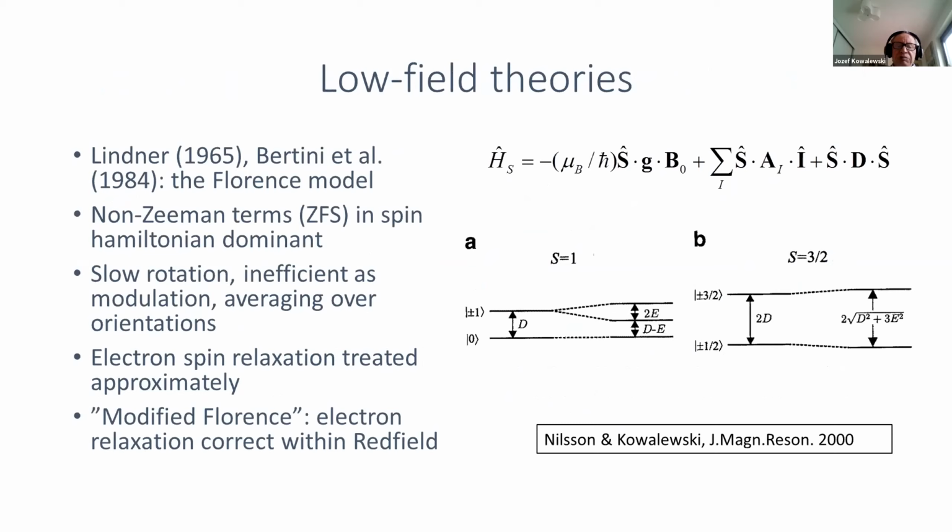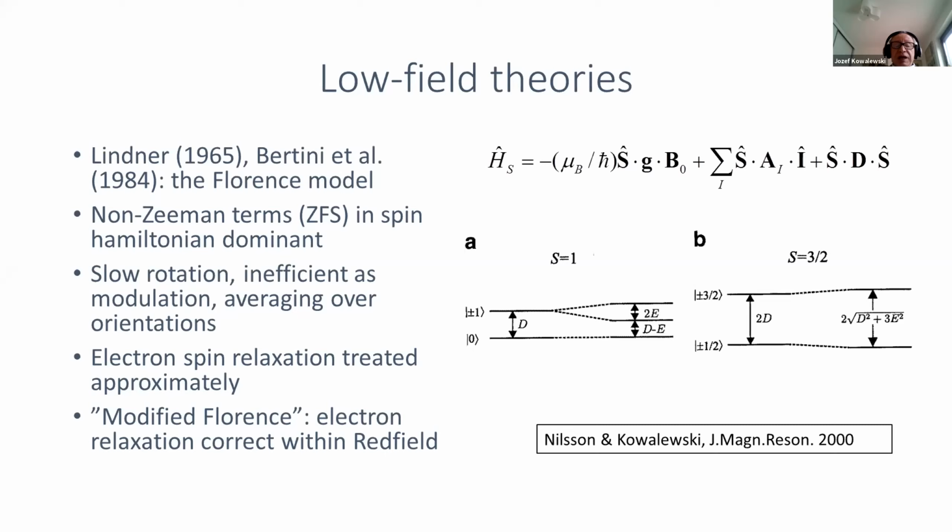So what can be done about it? Again, in the 60s, 70s, and 80s, some people did important developments. What was developed then were the low field theories, which were valid for the case of low field. So it solves the problem with the Zeeman limit.